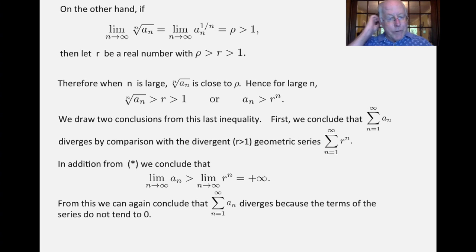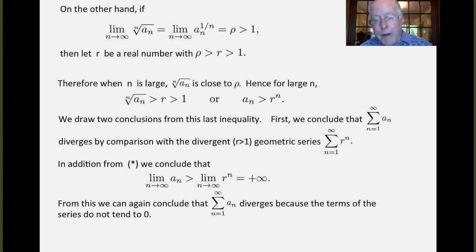And then here is the important part. Again, this is true for the ratio test also, but we're doing the root test because that's a little easier. If we go back up to this statement, let me call it star, and we now take the limit of both sides, we see the limit of the a sub n's is going to be bigger than the limit of the r to the n's.